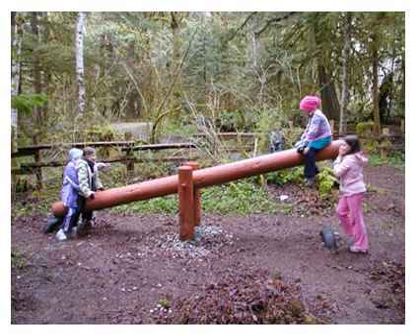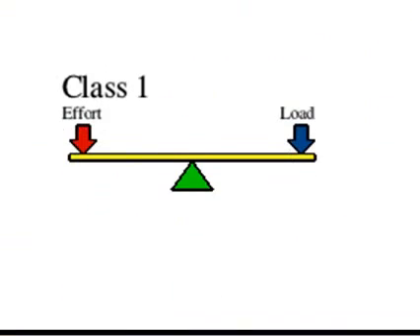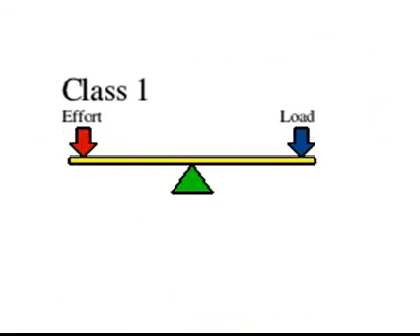If we look at it in physics terms here, you can see that a class 1 lever has the fulcrum in the middle, but it has two forces. It has a force of effort and a force of resistance, or what we call the load, on the levers. Now a class 1 lever doesn't always have, like a teeter-totter, the fulcrum in the center.